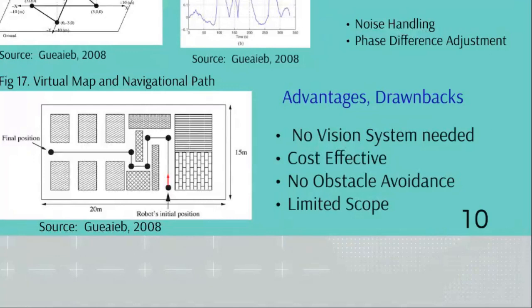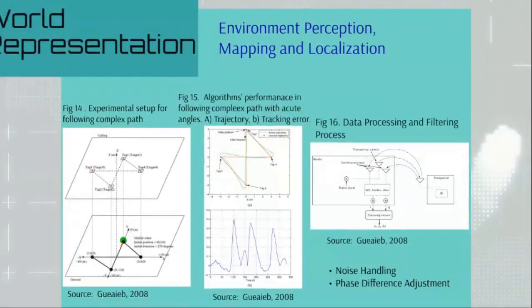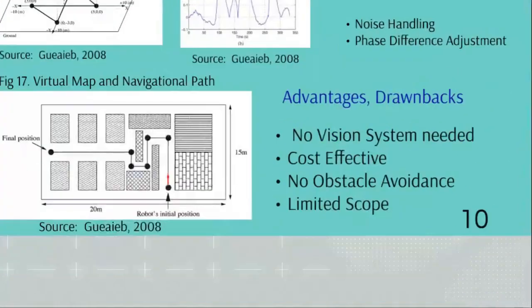The robots navigate using just RFID sensors inside the industry, so it uses tags and electromagnetic waves. As we can see here, there is a filtering process, not so simple in terms of mathematics, but to do the noise handling, filtering the noise, and adjust the phase difference.